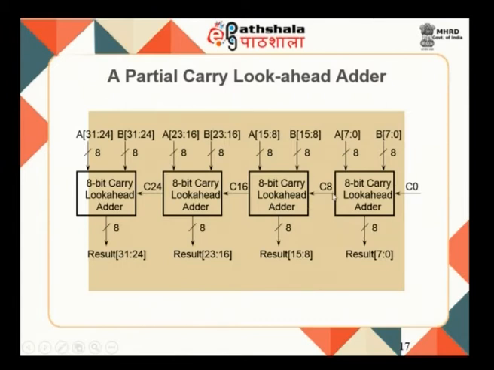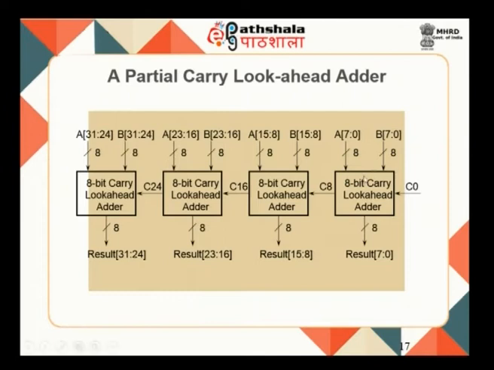So, C8 will be generated and C8 will be rippled to the next stage. So, only after C8 becomes available here, this block starts operating. So, the inter block carries are being rippled here and the intra block carries are generated using carry look ahead addition.